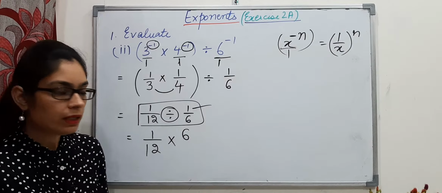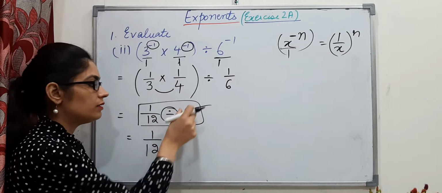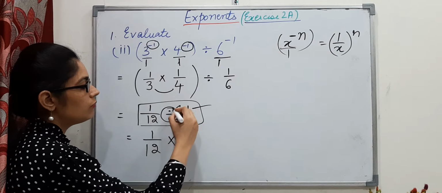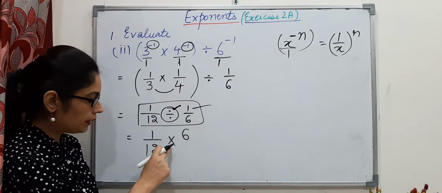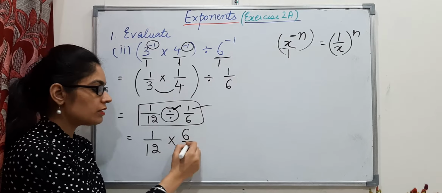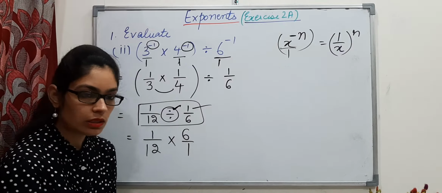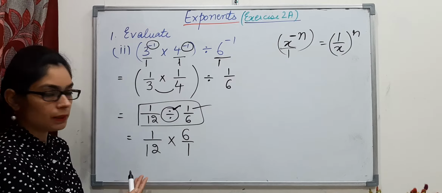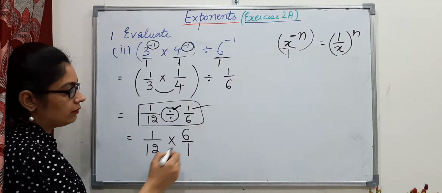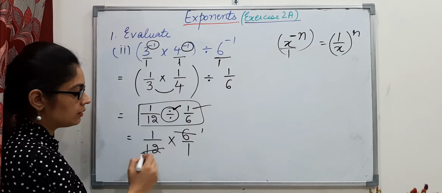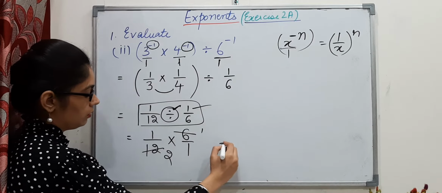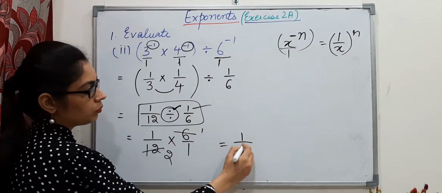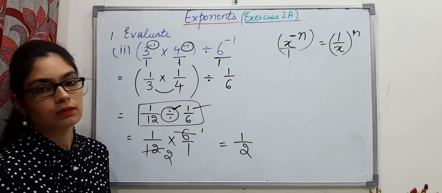So when we do division of two fractions, we change the division sign into multiplication, and the number which is after the division, we take its reciprocal. Now it's simple multiplication, so we can do cancellation. 6 into 1 is 6, 6 into 2 is 12. 1 into 1 is 1, and 2 into 1 is 2. So 1 by 2 is the answer.